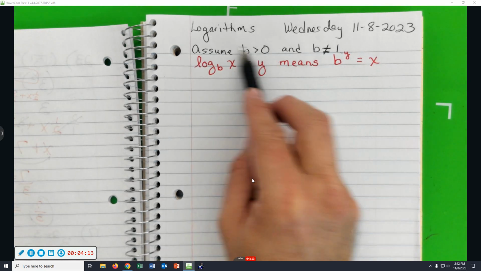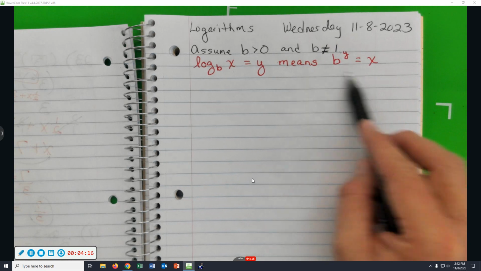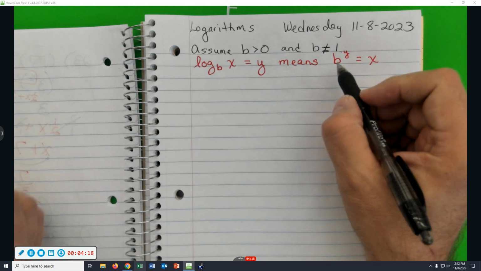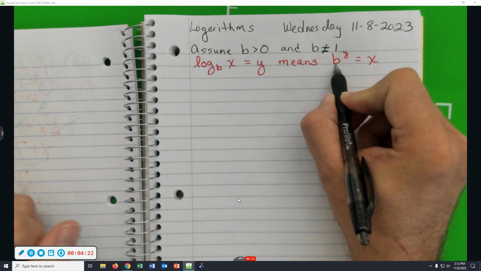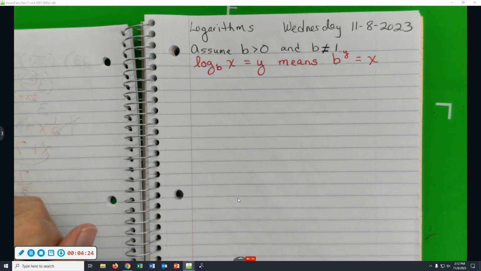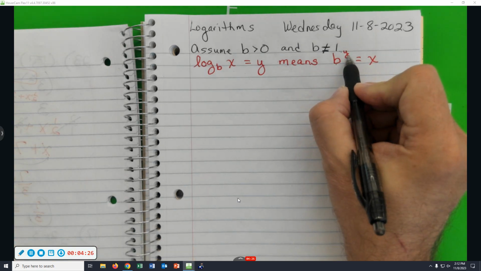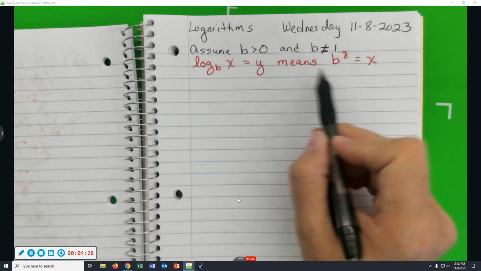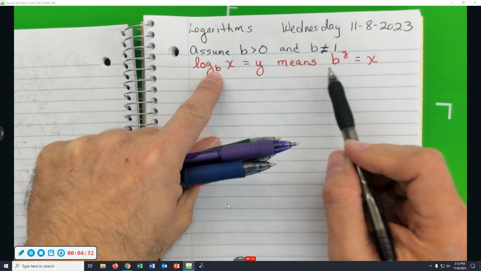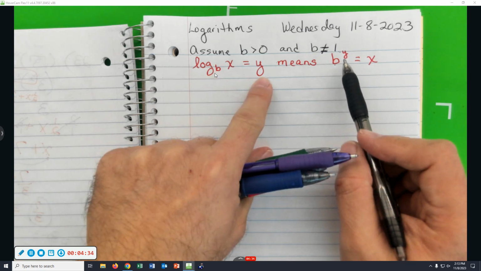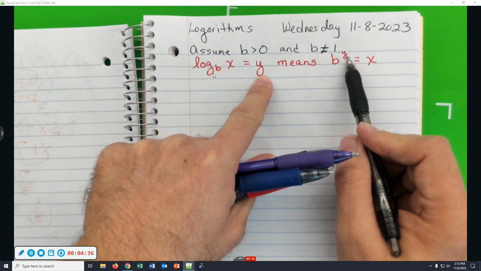This statement here is the same as this. The only difference with an exponent, the base is written large and the exponent is the thing you write small. When you write that statement as a logarithm, the base is the thing that's written small, and the exponent is what is written a normal size.